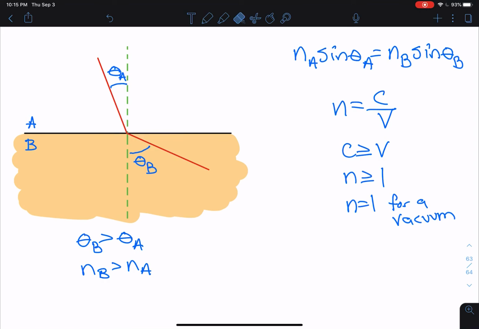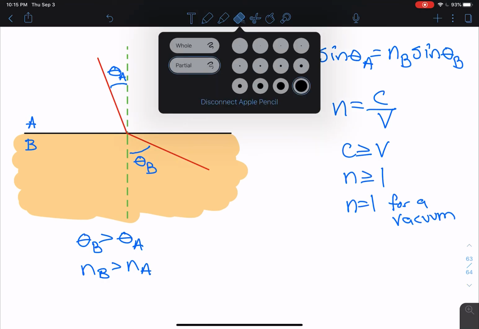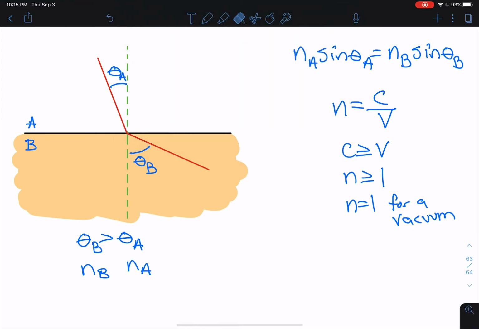Let's try that again. There we go. n_B is going to be less than n_A to maintain this equality in this situation. But this is the law of refraction.